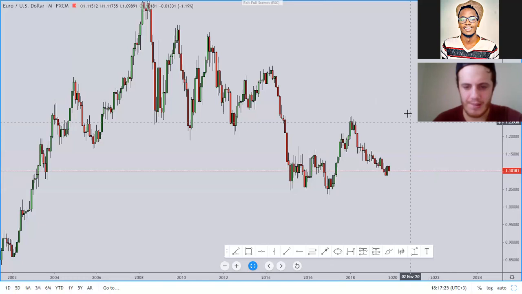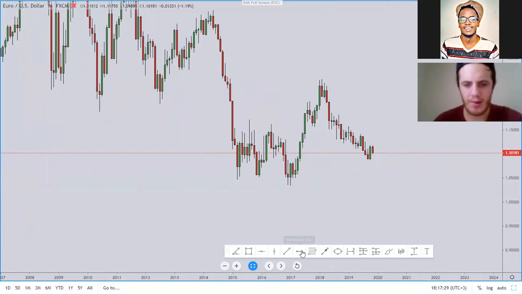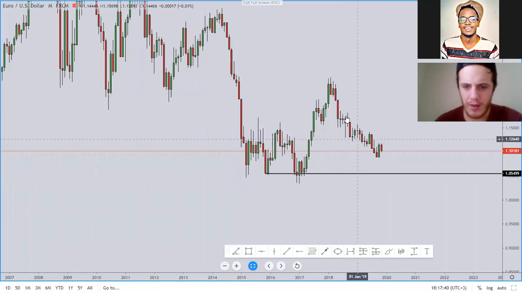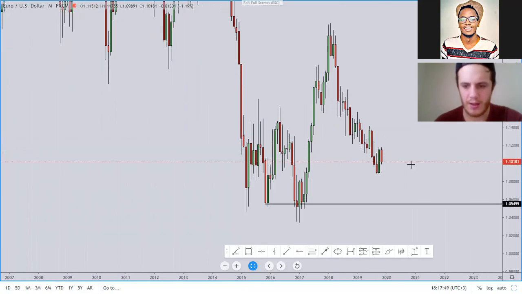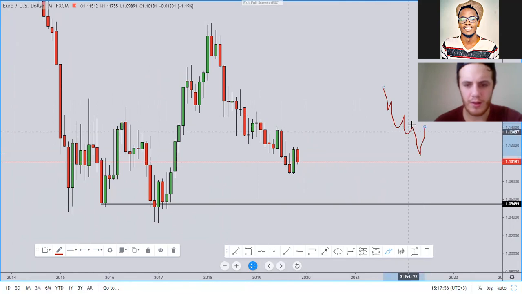So with Euro USD, we are expecting price in the medium term to come and test at least these lows. And what does that mean for us? That means that we do not expect to invalidate this bearish trend until we get to this point. And we know that to invalidate a trend, we will have to break above the previous highs and lows.